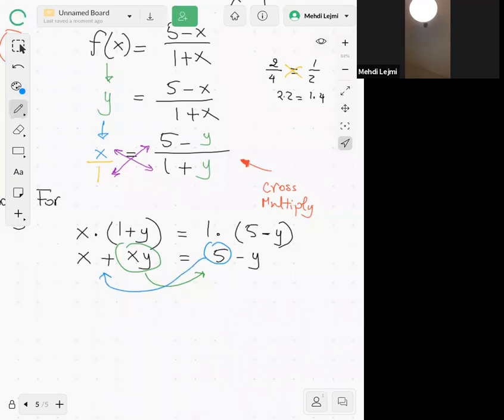So the idea is I'm gonna move all the y's to the right and everything else to the left. So I'm gonna subtract 5 from both sides, of course, and subtract x minus xy from both sides, and I'm going over time.